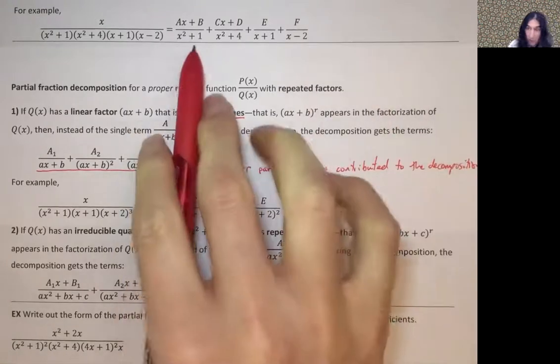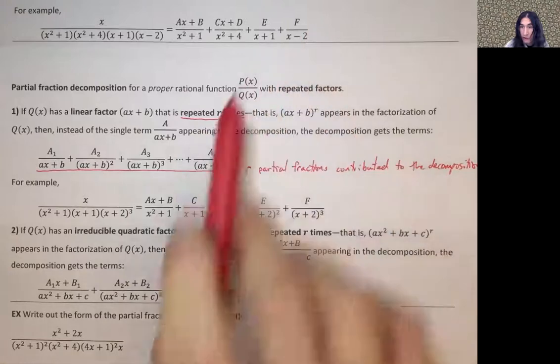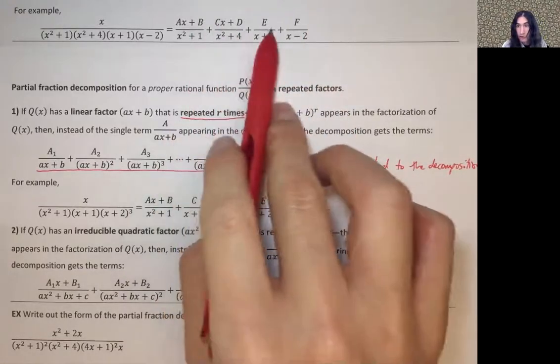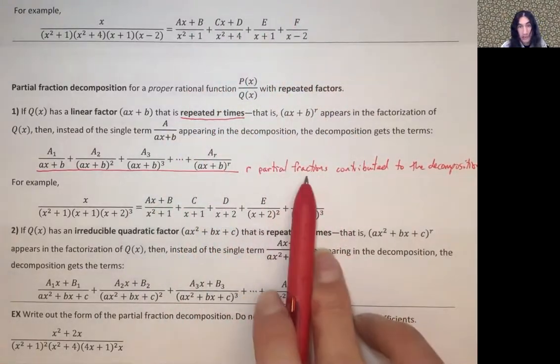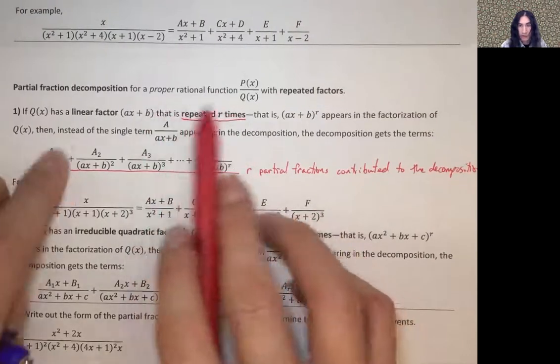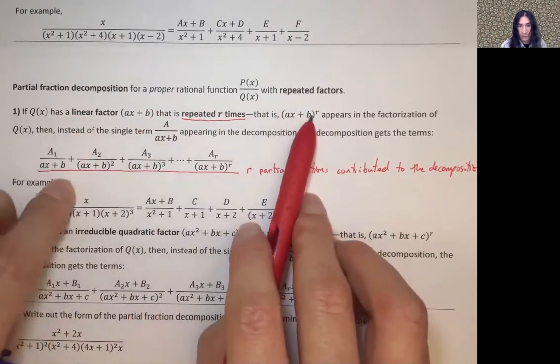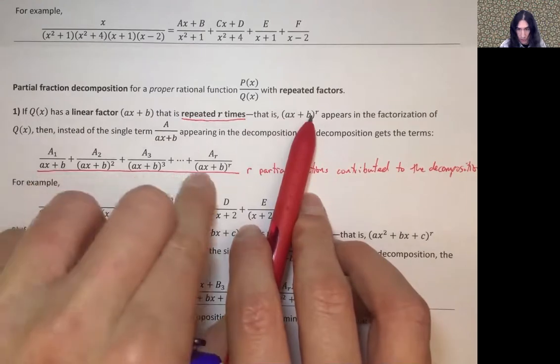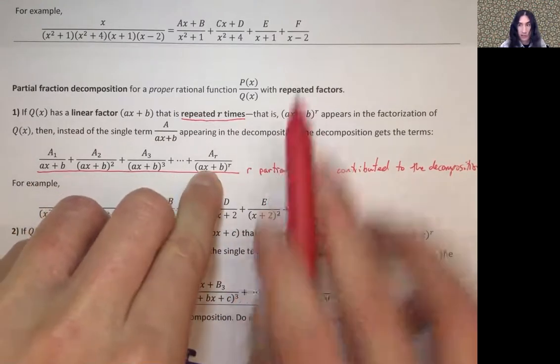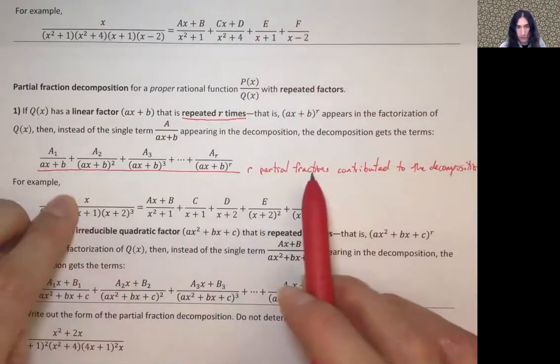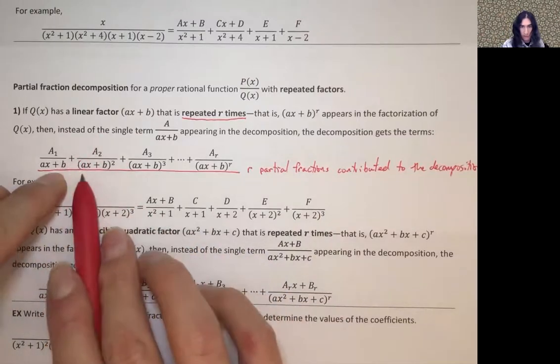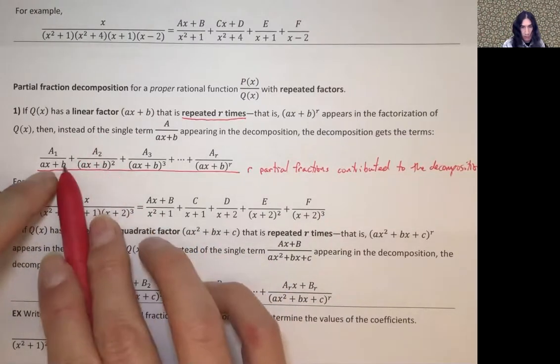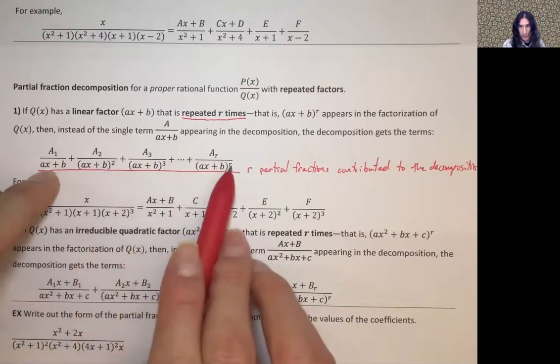So remember, the decomposition is what I would call the entire right-hand side here, and the individual terms would be the partial fractions. And I'm now saying that if you have a linear factor that's repeated r times, then you actually need to make r different partial fractions in this list here, okay? And the partial fractions all differ in the denominator, where the power is counting up to r.